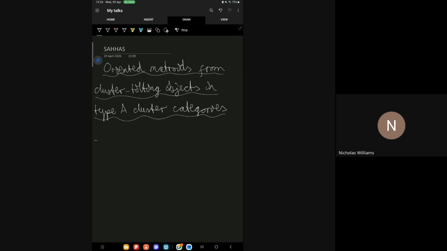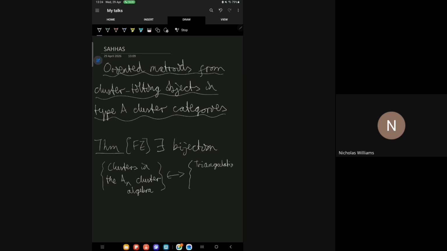And perhaps the starting point of this work is this well-known theorem of Fomin and Zelevinsky that says there is a bijection between, on the one hand, clusters in the A_n cluster algebra, and on the other hand, triangulations of a convex n+3 gon.